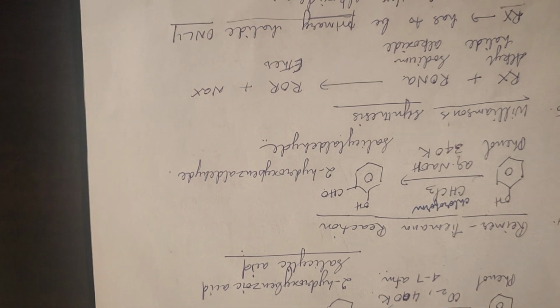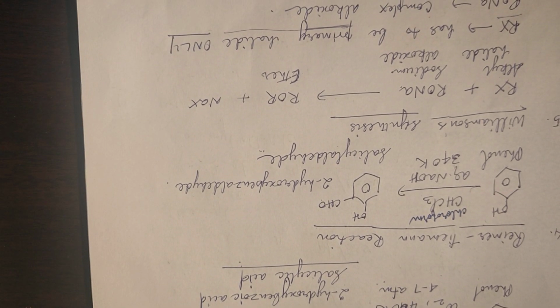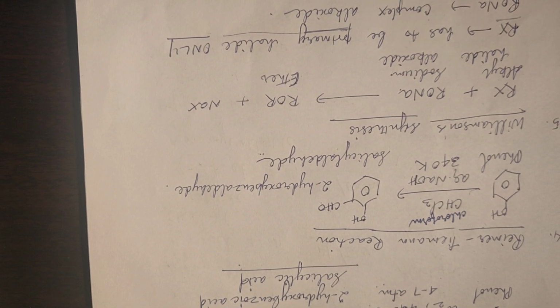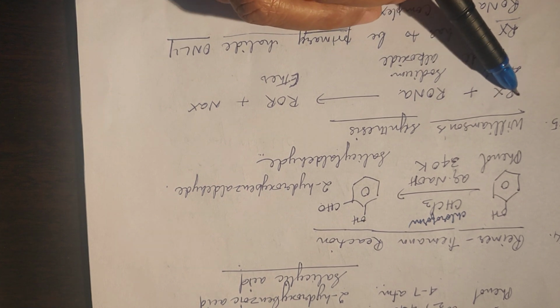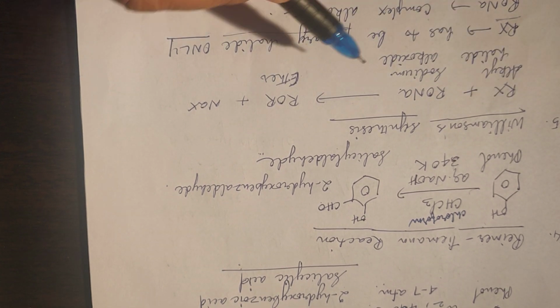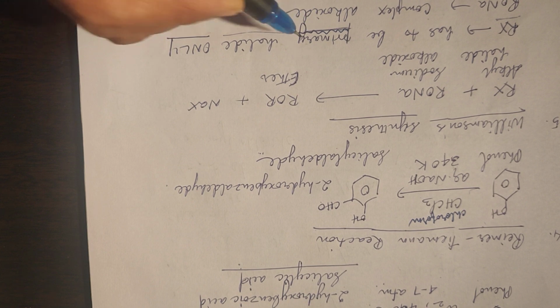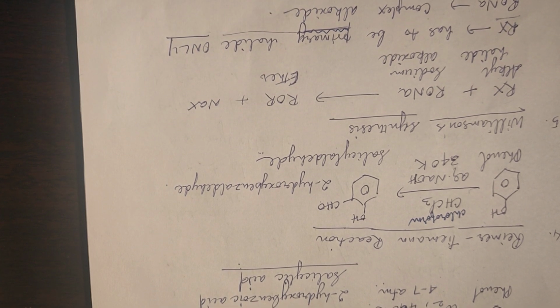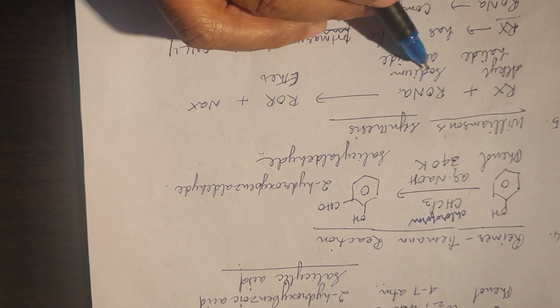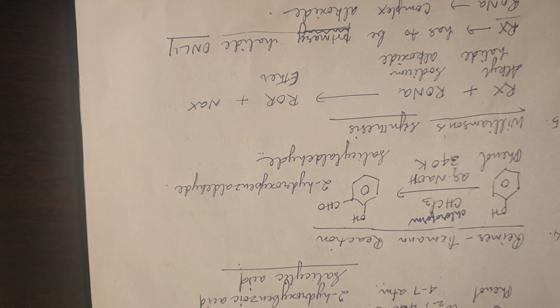Now here, what is the condition to be followed while performing this Williamson synthesis? The alkyl halide that you are taking has to be primary. It has to be a primary halide only. And this RONa that you are taking can be any complex alkoxide.